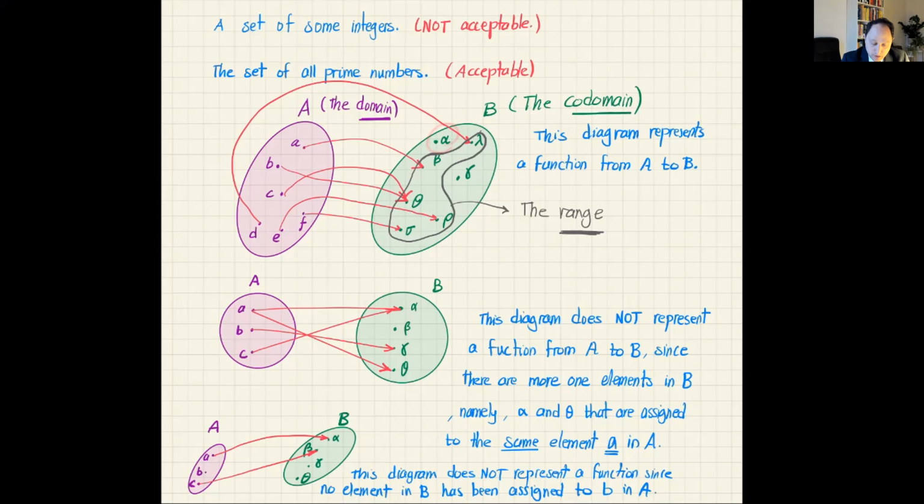For example, this element doesn't receive any arrows, this element doesn't receive any arrows. Only these elements that you see are receiving arrows. The collection of all those objects that are receiving at least one arrow is called the range. So the range is usually some part of the codomain. Sometimes it could be as big as the codomain itself, but sometimes, like this example, it is a subset, a portion of the codomain.